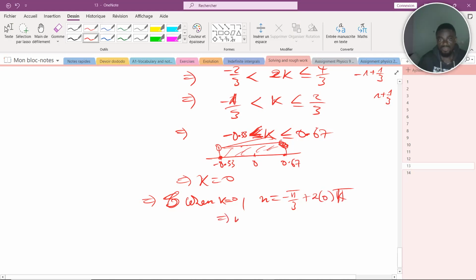So this implies our x will be equals to minus pi on 3. So this implies our S4 will be equals to minus pi on 3.